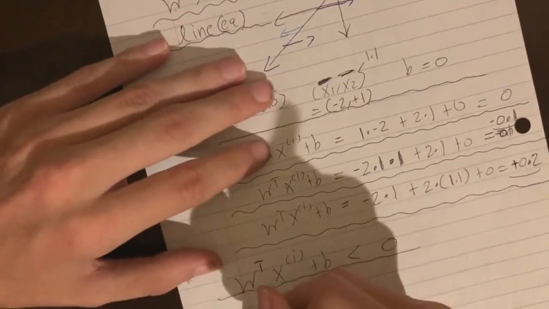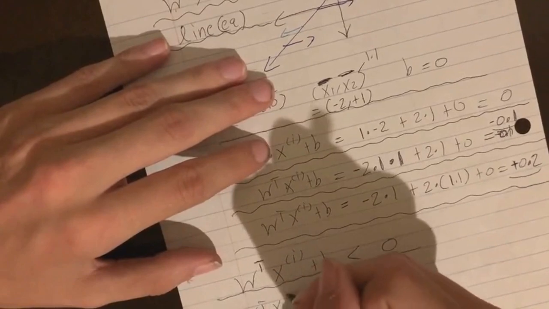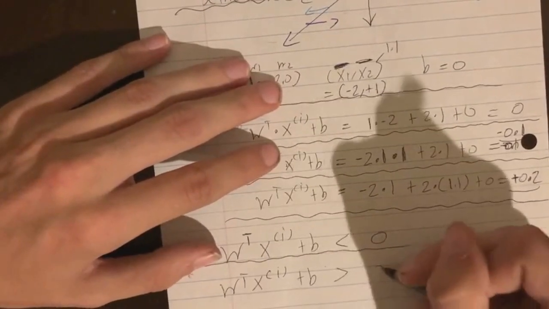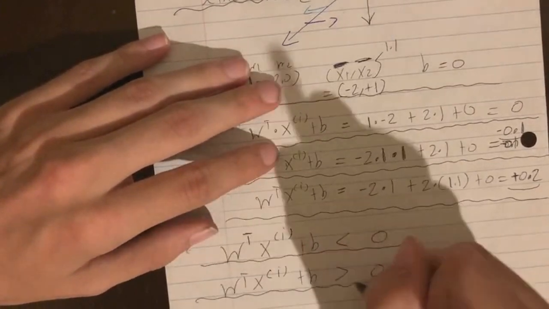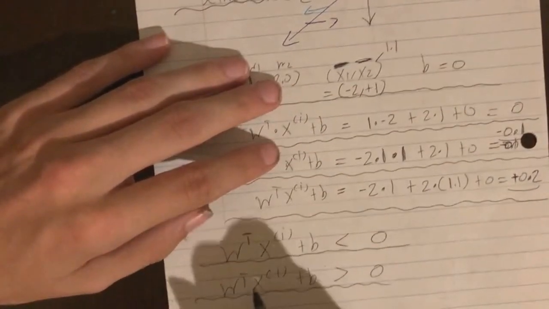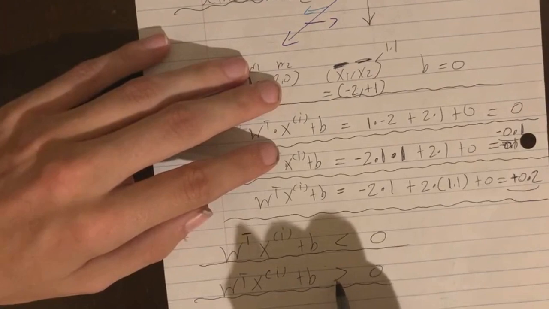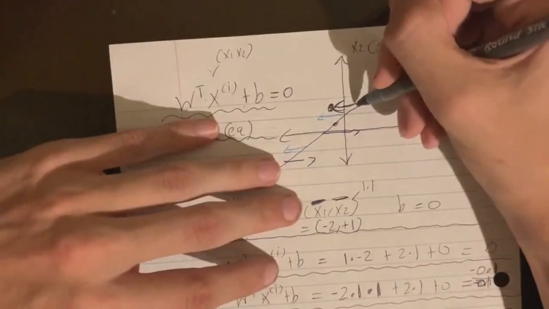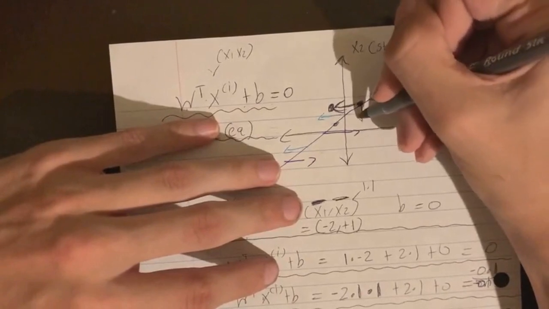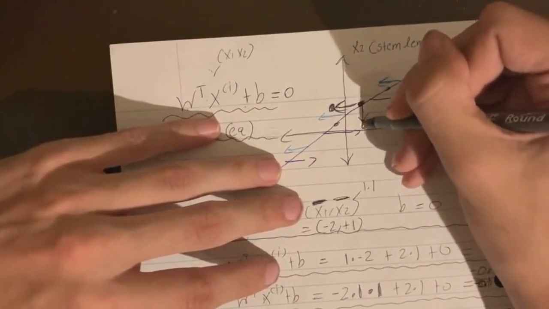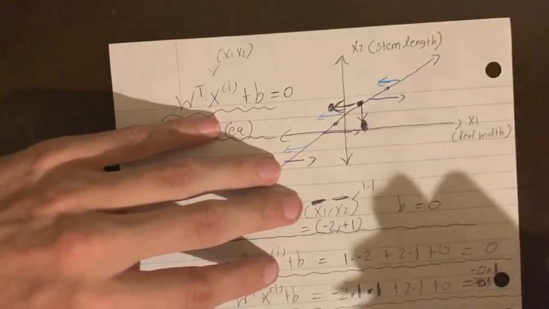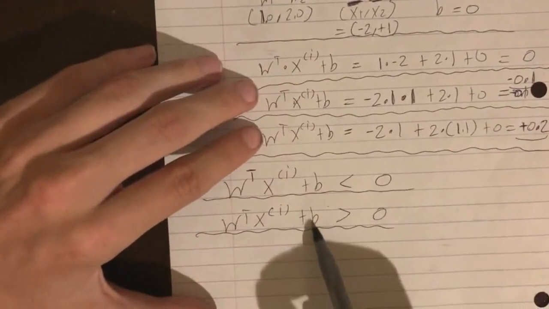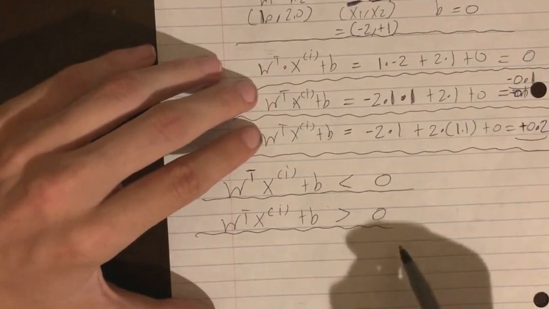And you could also say if your W transpose x of i plus b is greater than 0, that means you're on the line and you nudge x2 a little bit, and you end up on the right side of the line, so now you're positive.